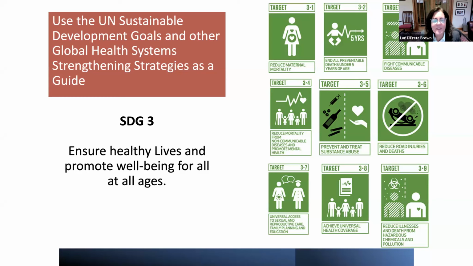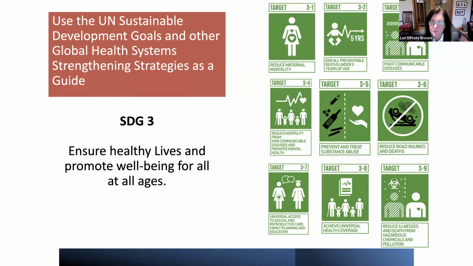The one that gets talked about most is 3.8, the universal health coverage, but reducing maternal mortality, that again, carrying that over from the MDGs, making sure we go the distance. Same with 3.2, the under 5 death, fighting communicable disease, again, carried over. Reducing mortality from non-communicable disease and promoting mental health is a new target from the SDGs, and it's really important.